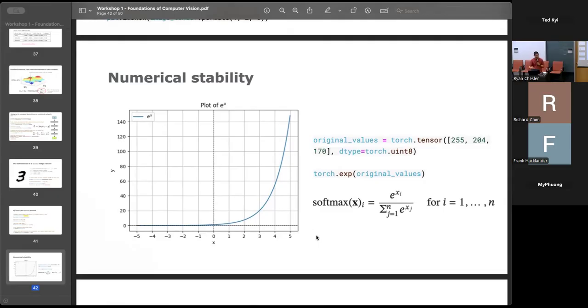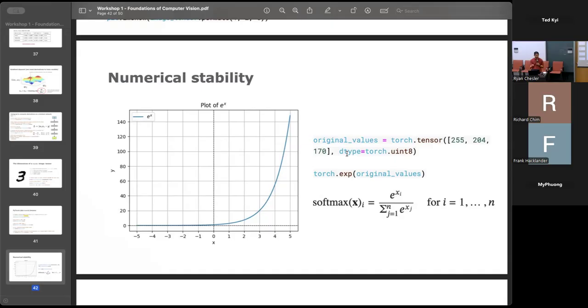All of these architectures are built with this sort of assumption in mind. One thing that we typically do is we say this uint8 is 0 to 255. That's not really that great of a format for training in. So some people will subtract the mean and divide by the standard deviation, or more simply, what a lot of people do is just divide it by 255.